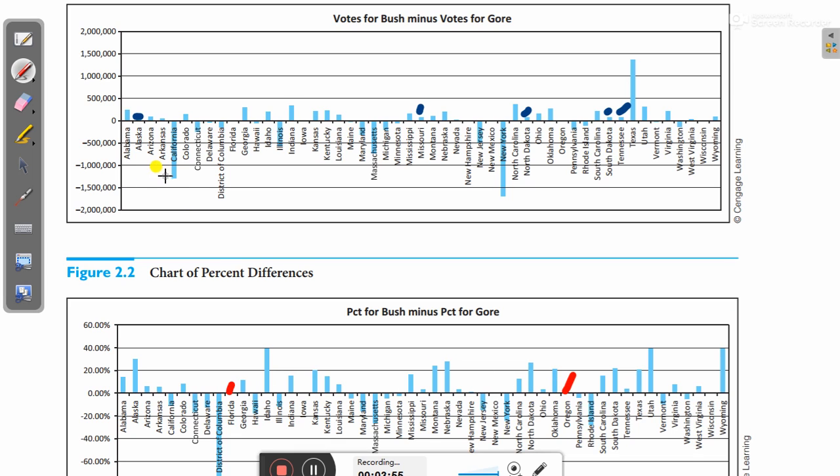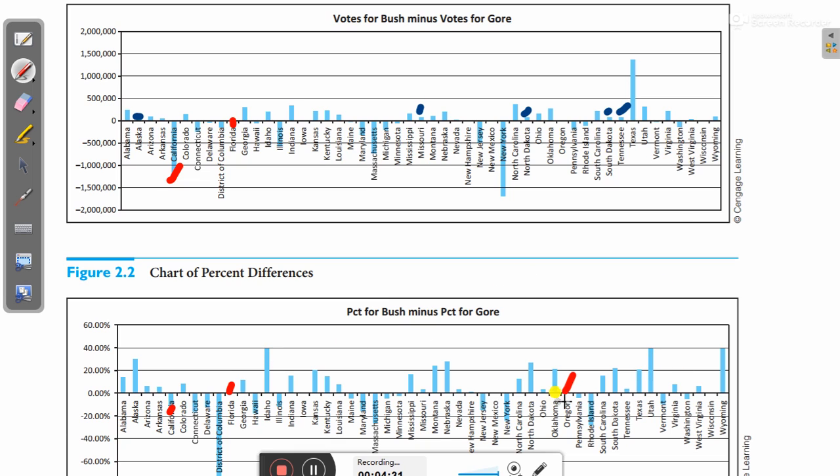But again, here you can see, though Gore got lots of votes in California, the difference of the percentage is not that big. But in the case of Florida, there is an anomaly here. For Florida the difference of votes and difference of percentage are almost the same.